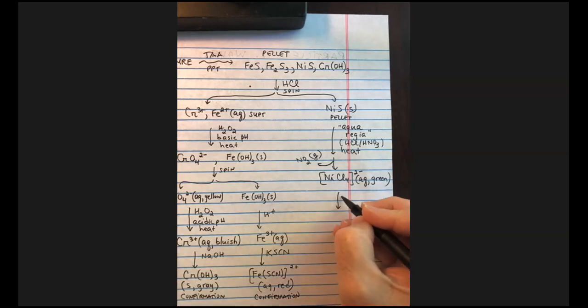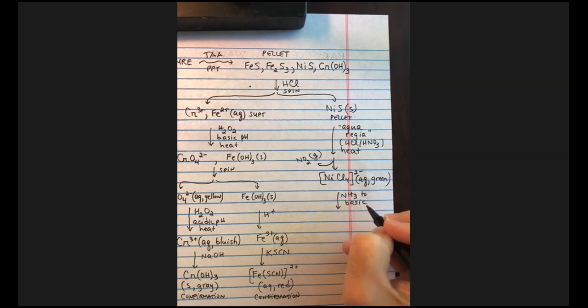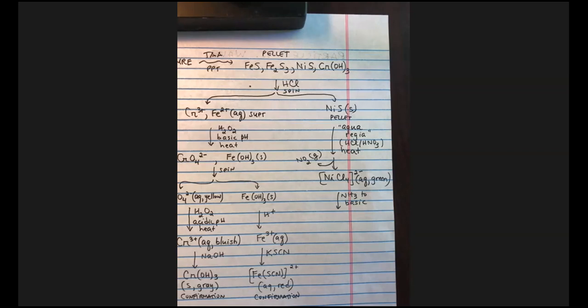Then we're going to add ammonia to make it basic, a basic pH. And again, remember that sometimes your instructions tell you to use just simply litmus paper. Sometimes they tell you to use pH paper because you're trying to target a specific pH. So please pay attention to those instructions.